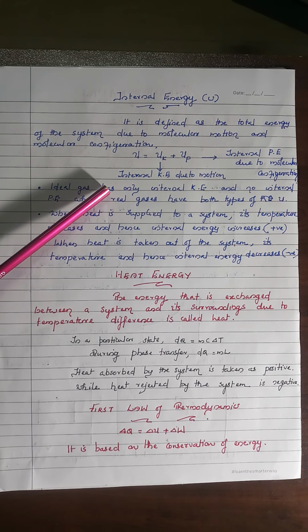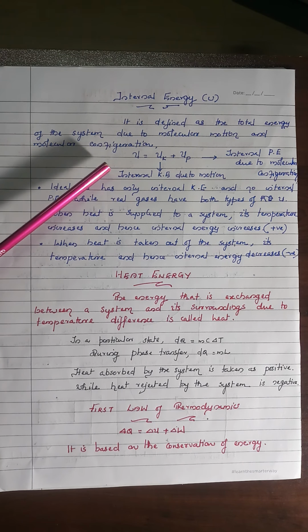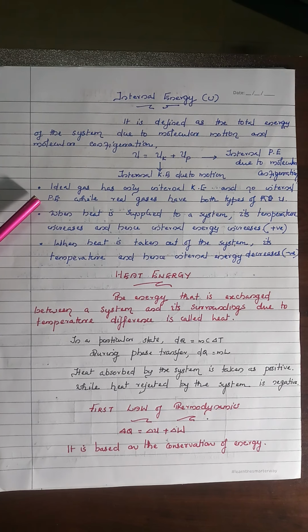UK means the internal kinetic energy due to the motion. UP means the internal potential energy due to molecular configuration. Look at the concept carefully. An ideal gas has only internal kinetic energy and no internal potential energy. But real gases have both types of energies.